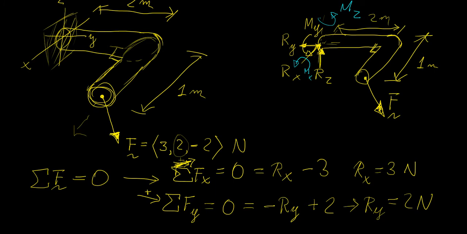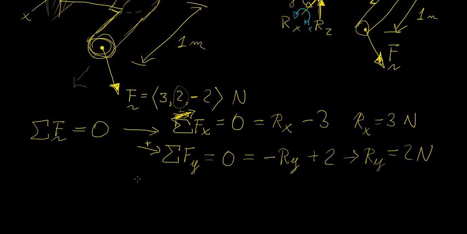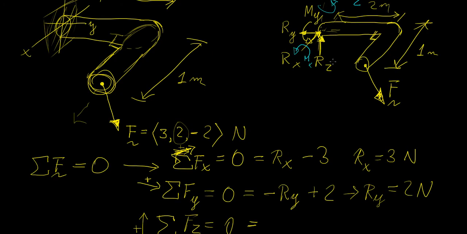And finally, the sum of the forces in the Z direction, assuming this is the positive direction, we are going to have the force here, Rz, reaction z, minus this component, so basically that's going to be going downwards, so minus 2, and then we have Rz equals 2 newtons.